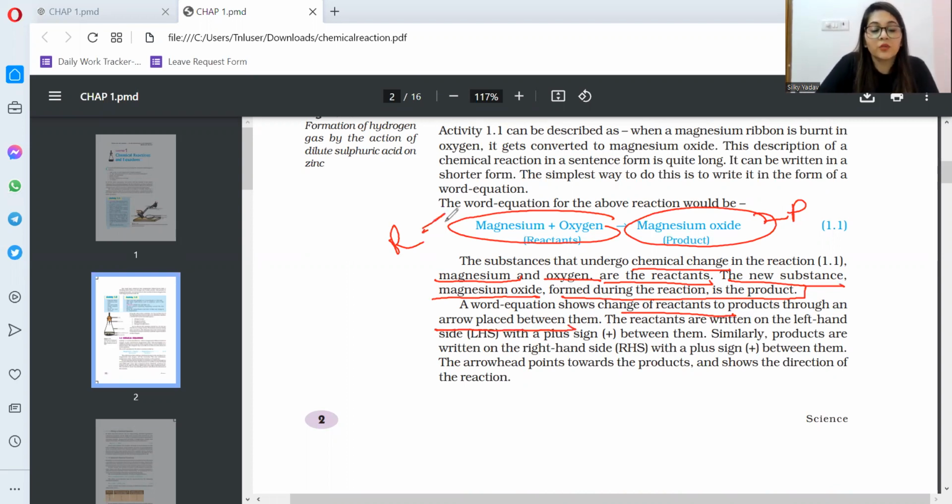The reactants are written and then a plus sign is indicated if two reactants are there. Similarly, products are written on the right hand side with a plus sign between them. The arrow points in the direction of the product side. Okay, so this is what a chemical reaction is.